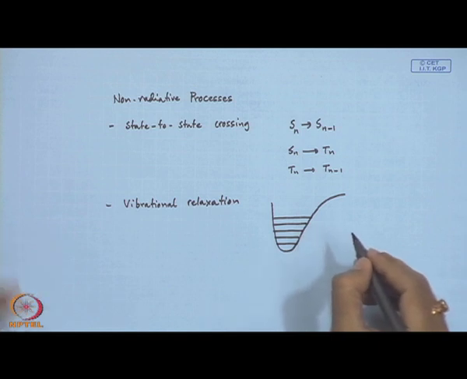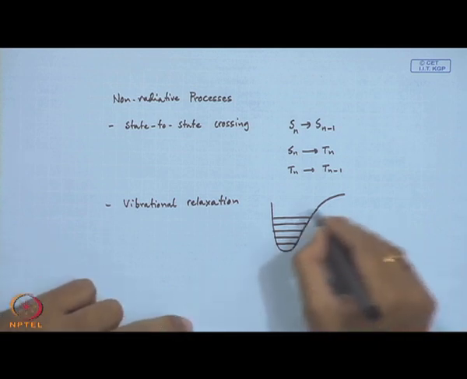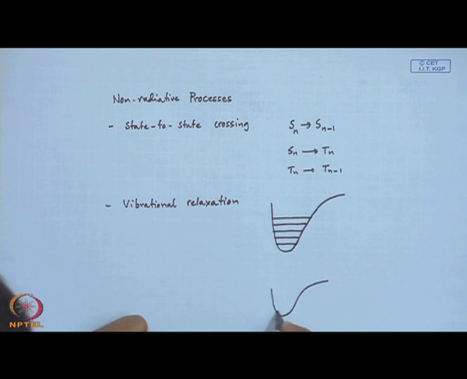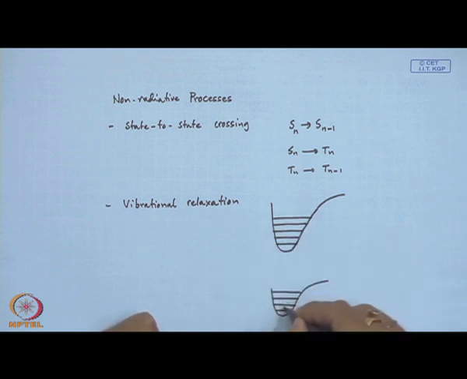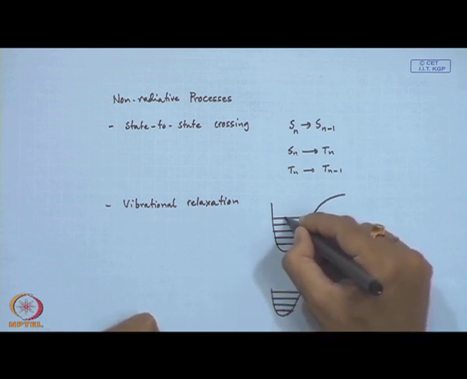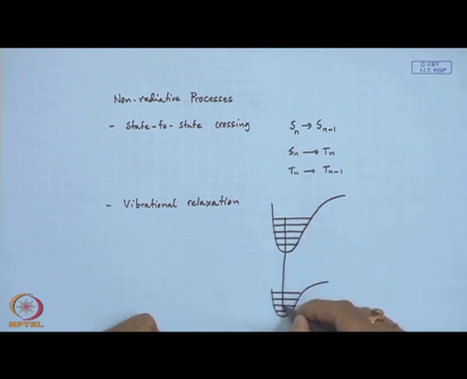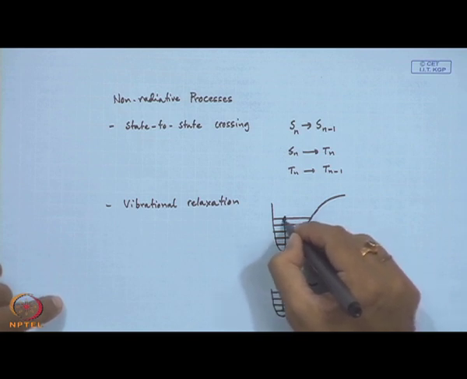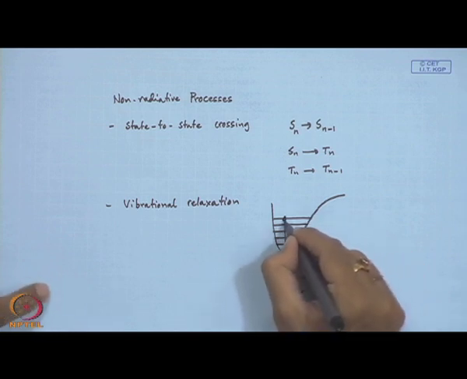Suppose, because of photo excitation, this is the excited state potential energy diagram and this is the ground state potential energy diagram. A transition takes place, say, from here up to here. Say the transition originates from this state and ends at this state. I am considering a particular transition.